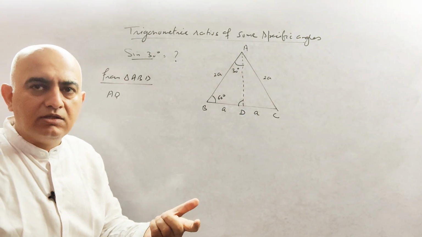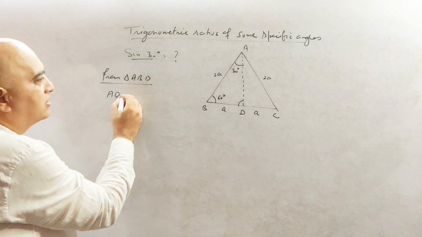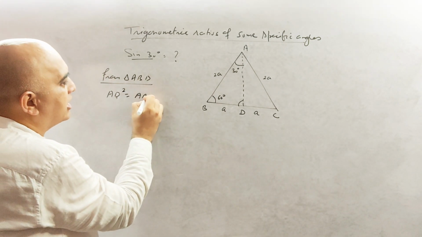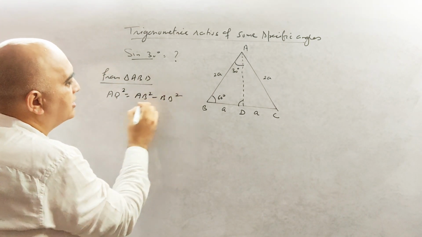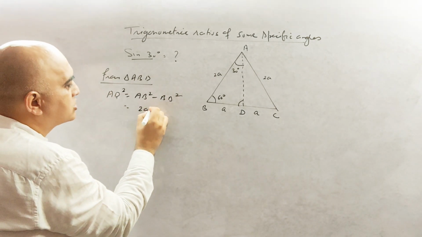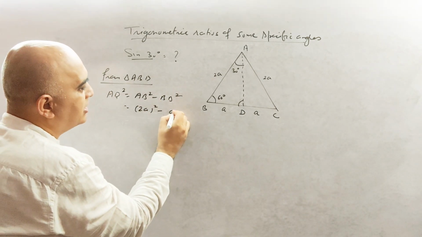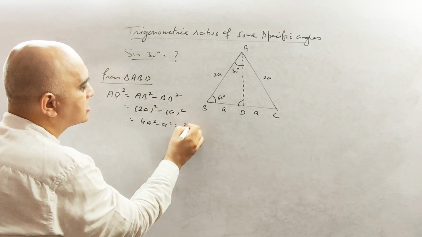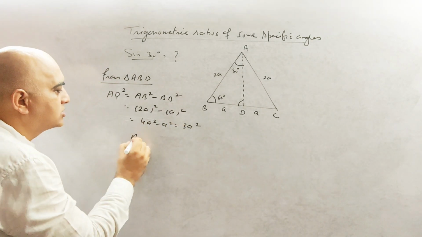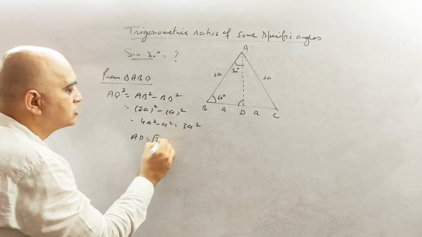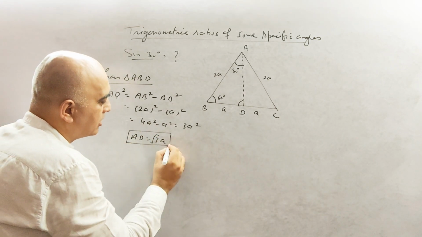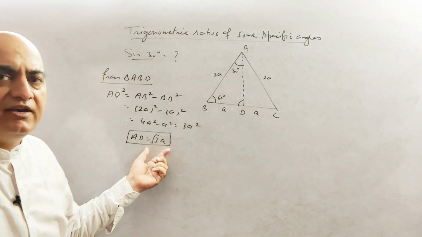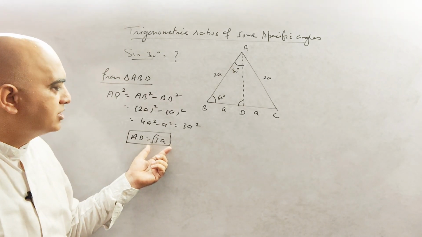We have to use the Pythagoras theorem, right? So when you use Pythagoras theorem, AD square becomes AB square minus BD square. What is AB square? That is 2a whole square minus BD square, which is a square. That is 4a square minus a square, that is 3a square. In this way, the value of AD becomes root 3a. That is our ratio for side AD, that is root 3a.